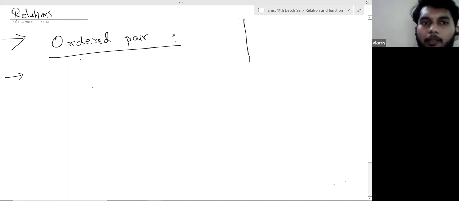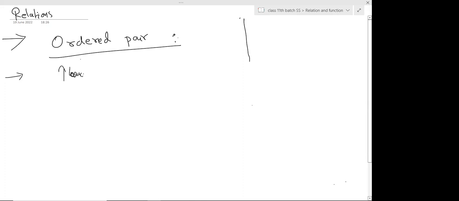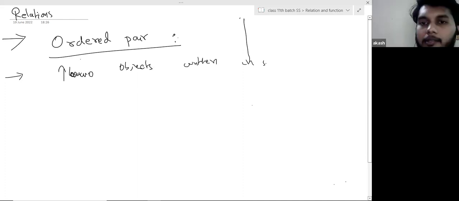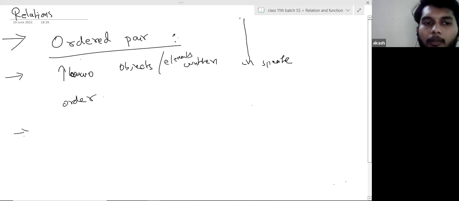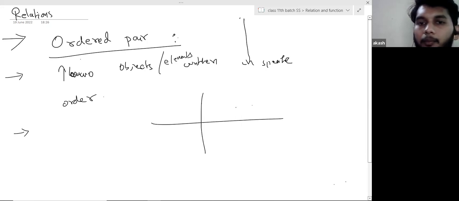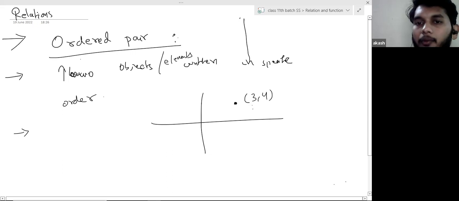All right. So what are ordered pairs? Ordered pairs are two objects or elements written in a specific order. You have seen ordered pairs since your childhood, right? If you point to this point, what is its location? 3,4.